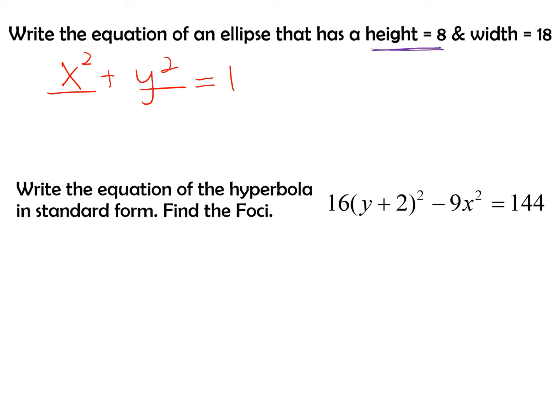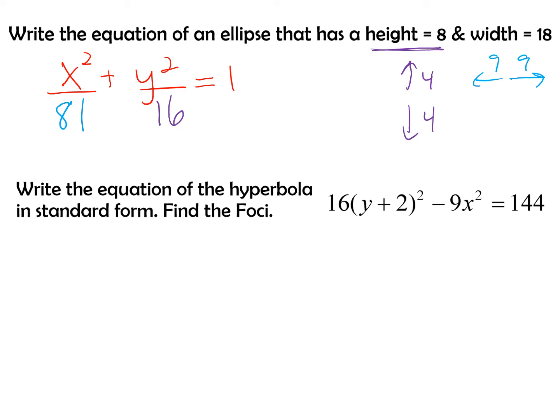So that would give us 4. And then if we square that, that would give us 16. So again, think up 4 and down 4. And then it says a width of 18, which means we would go right 9 and left 9. So underneath the x squared, we would put 81. So x squared over 81 plus y squared over 16.